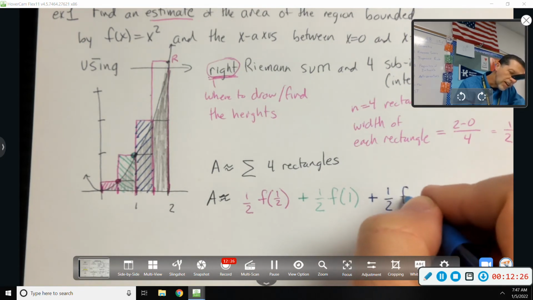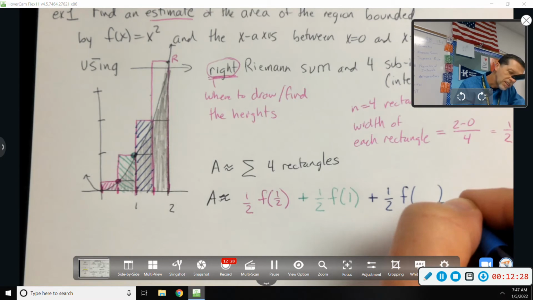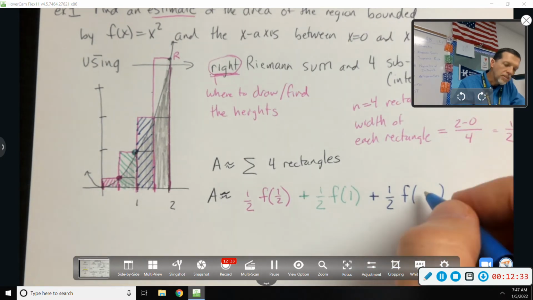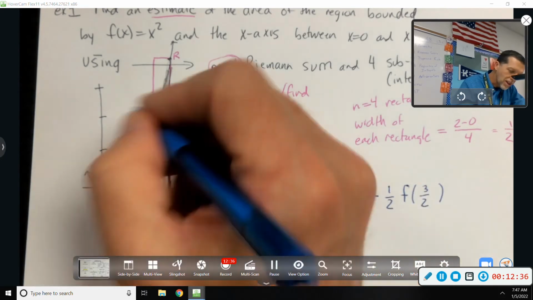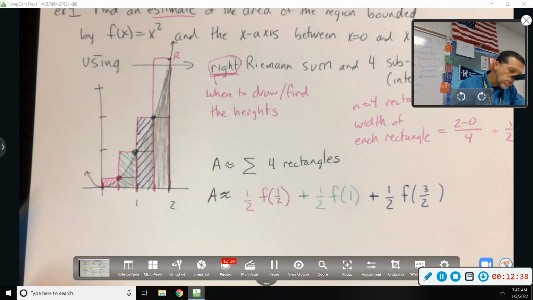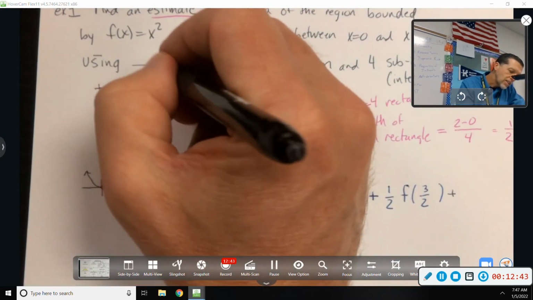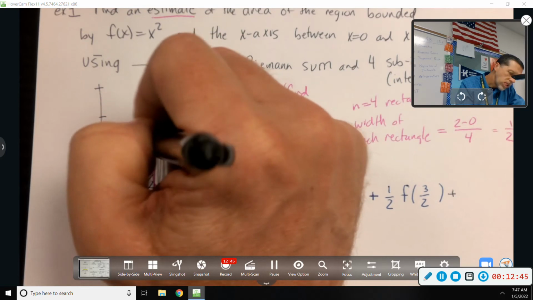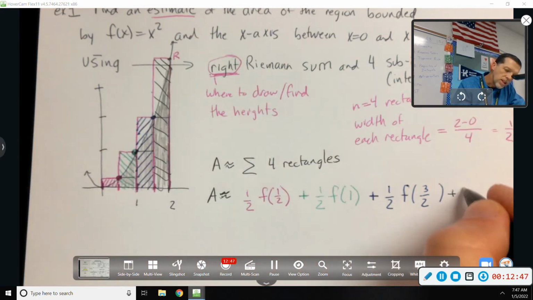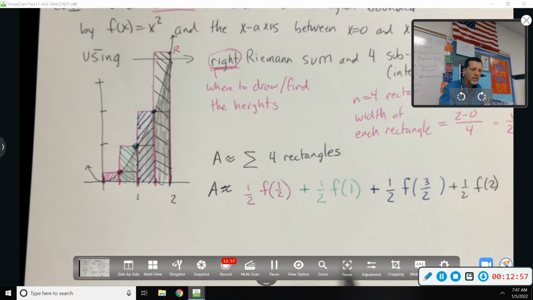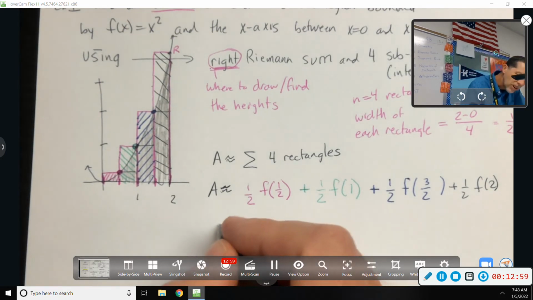And how will I find the height of the third rectangle? F of what? F of 3/2, F of 1.5, either way. And then the last rectangle, 1/2 times F of 2.